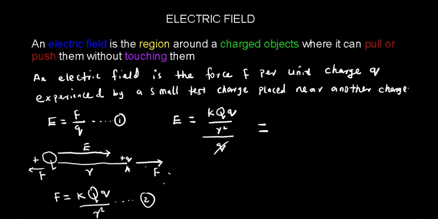We cancel this small q, that's the test charge. So we will now be left with K Q over R squared. This becomes our equation 3. That is another formula for electric field.